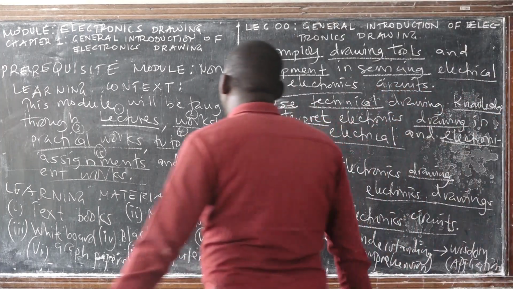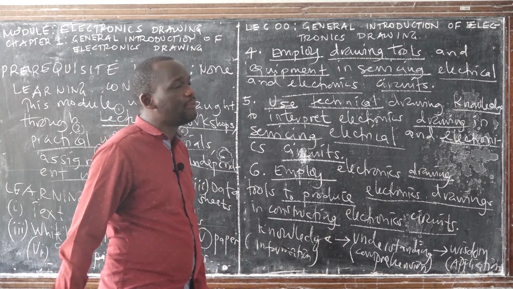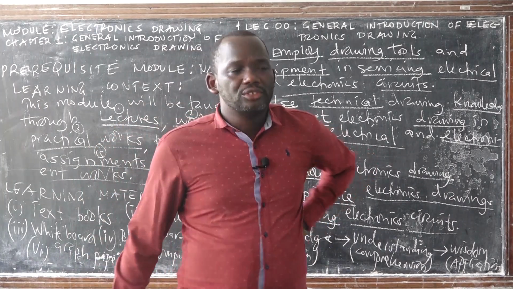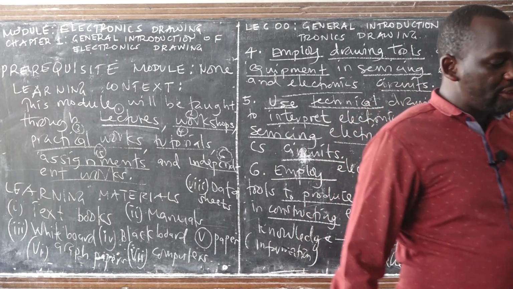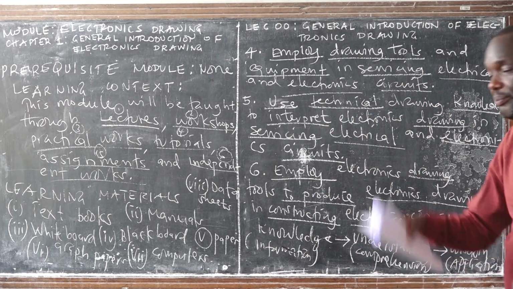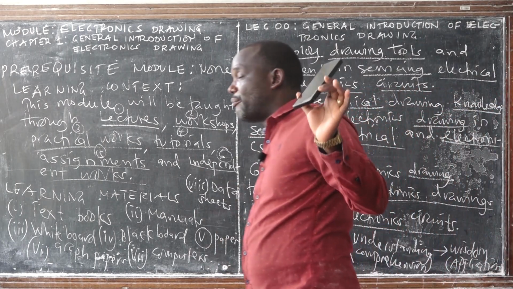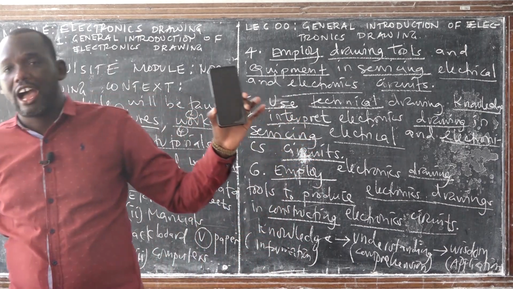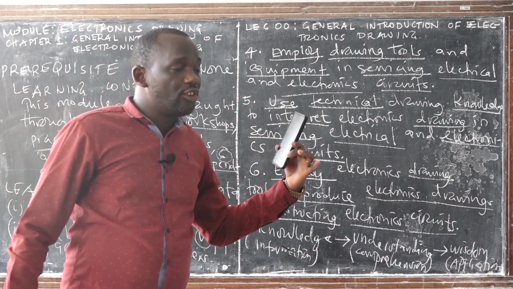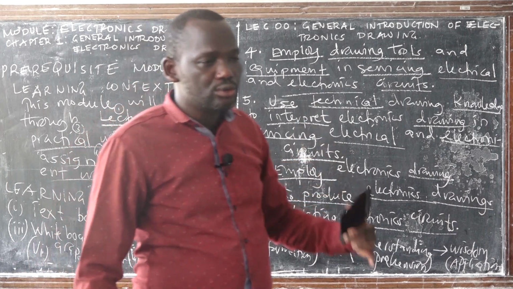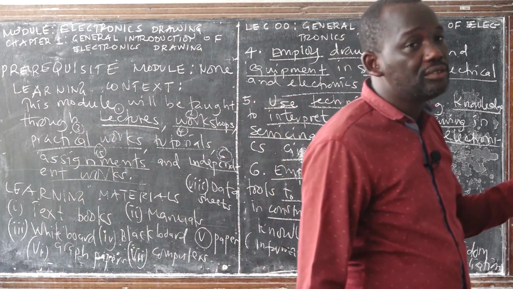When we talk about manuals, this is very important. Say manuals. Okay. Whenever mobile phones like this one have been made, they cannot be sold without the user manual. Say user manual.